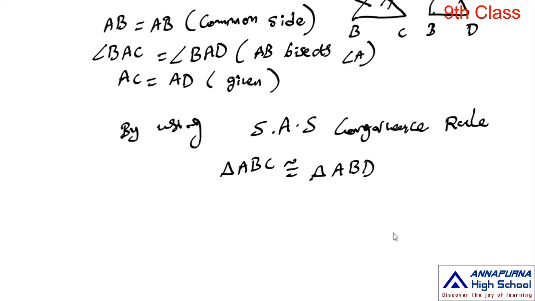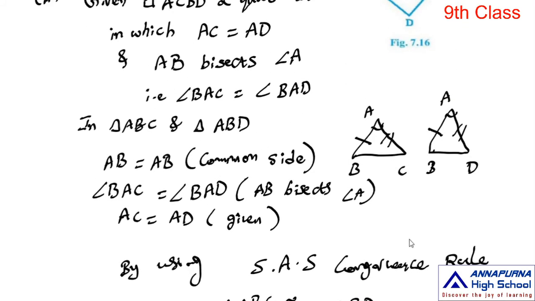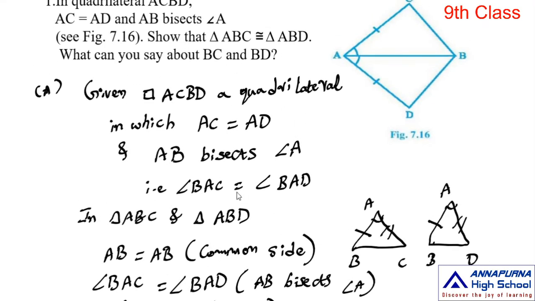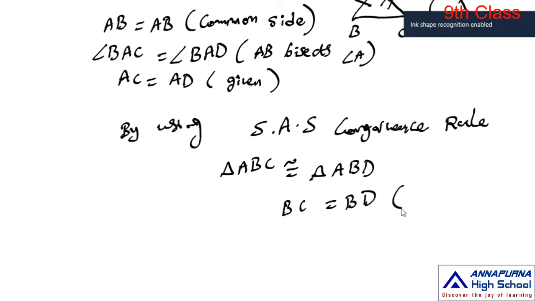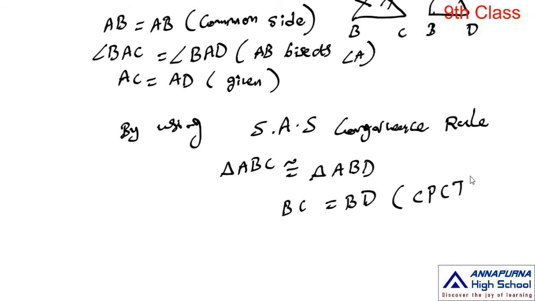So, BC is equal to BD. These two triangles are congruent, so the corresponding parts of congruent triangles are equal, since CPCT. What is the meaning of CPCT?